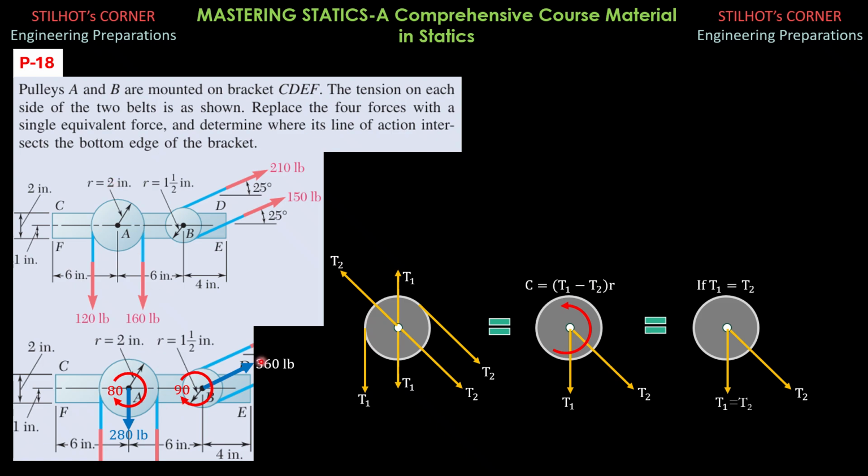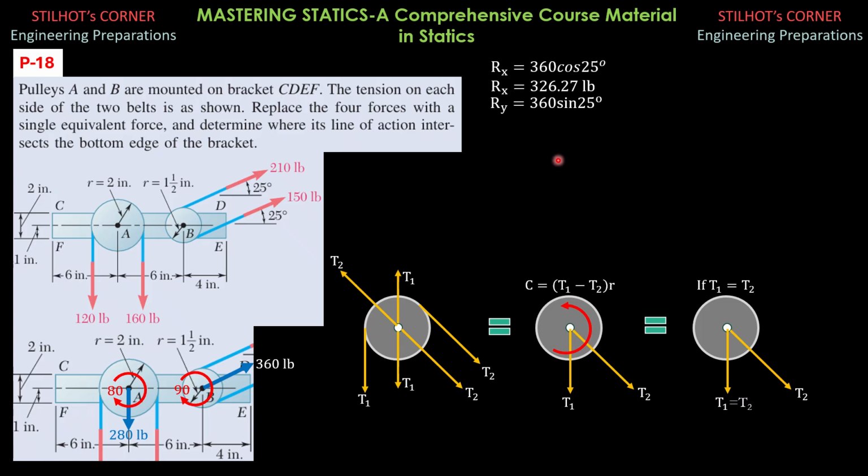So we can now compute Rx, which is just 360 cosine of 25, and Rx is equal to 326.27 pounds. Likewise, Ry is 360 sine of 25 positive minus 280.